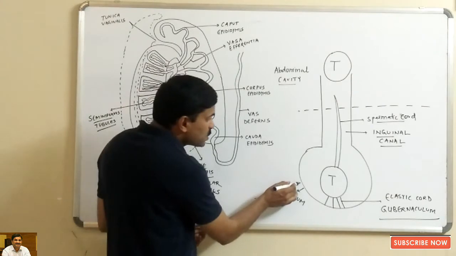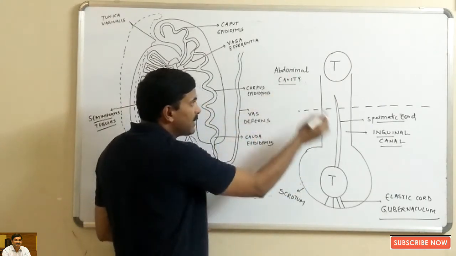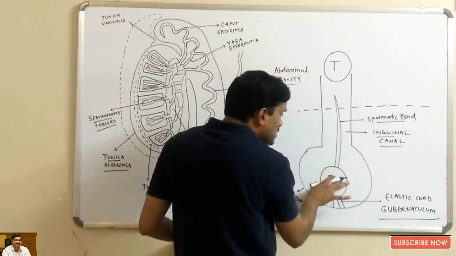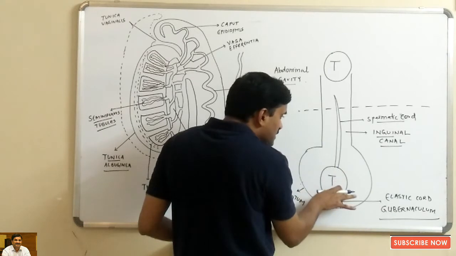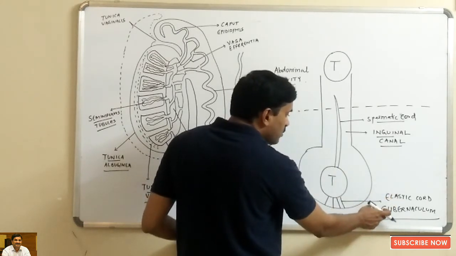Okay, and this scrotum is in connection with the abdominal cavity with the help of what? The inguinal canal. And the testes are permanently found in the scrotum sac because of the presence of an elastic cord known as the gubernaculum.